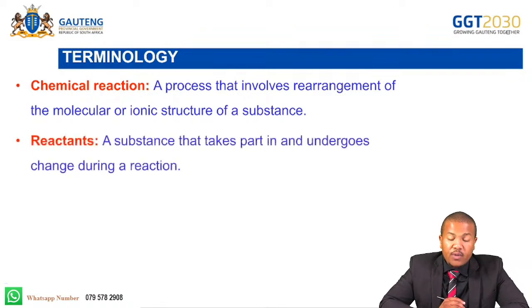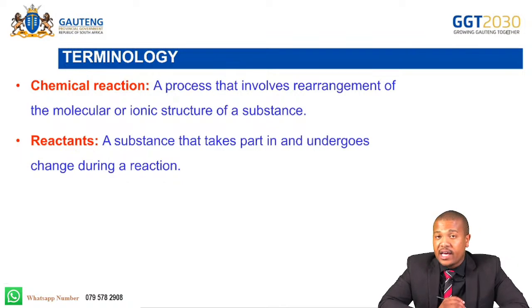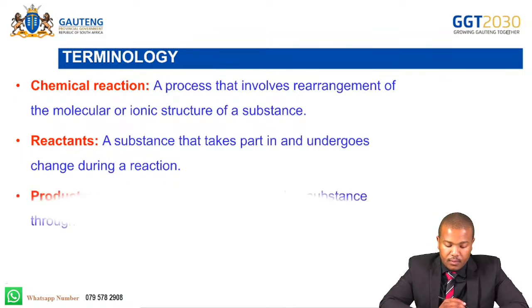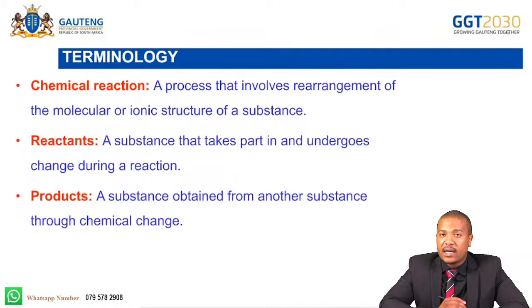Then we have reactants, which is a substance that takes part in and undergoes change during a reaction. Then we have products. Products are substances that are obtained from another substance through chemical change.